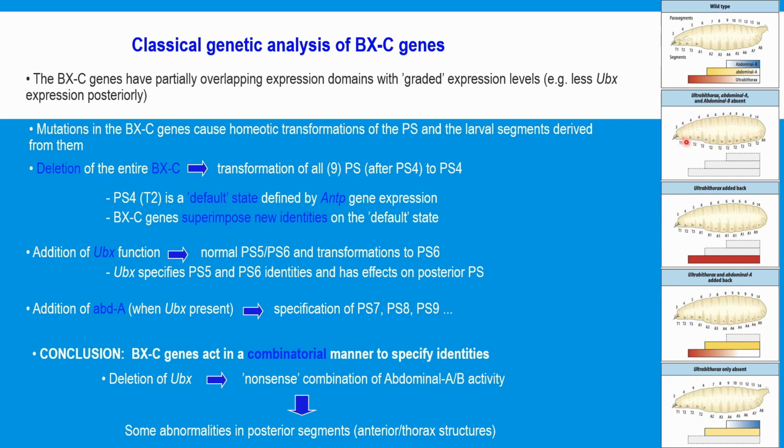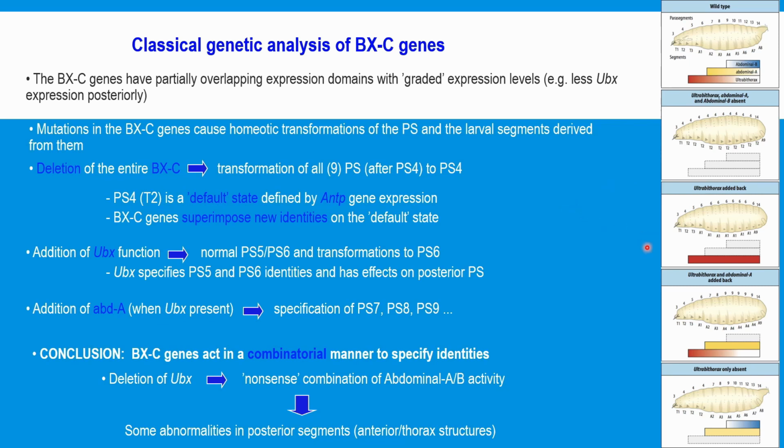So there's already a pattern laid down by expression of Antennapedia. It has some sort of gradient itself, presumably. When you don't have the bithorax complex genes expressed over this, you get parasegment 4 as your default state.